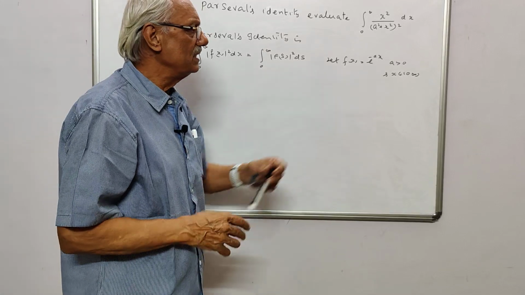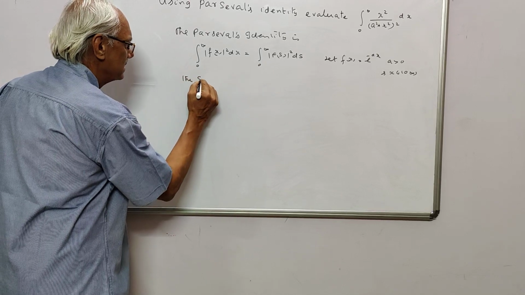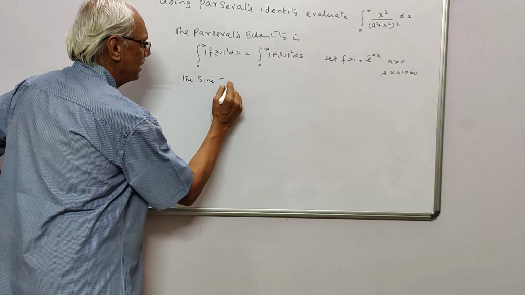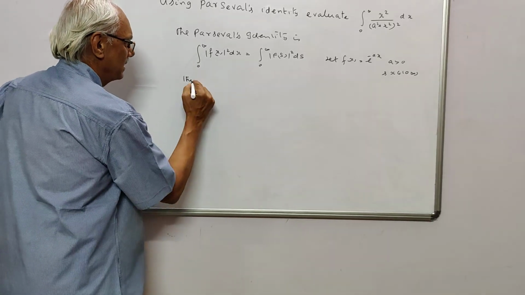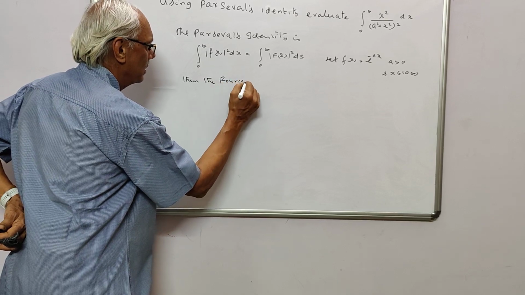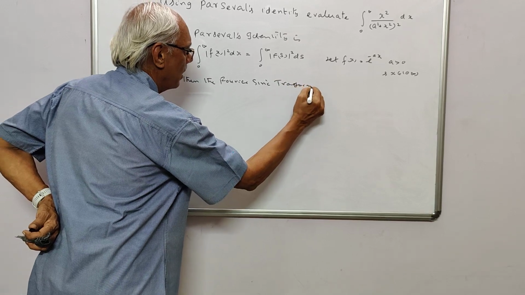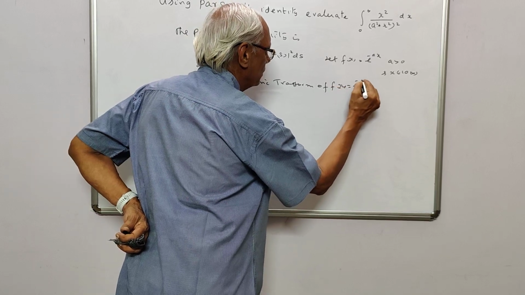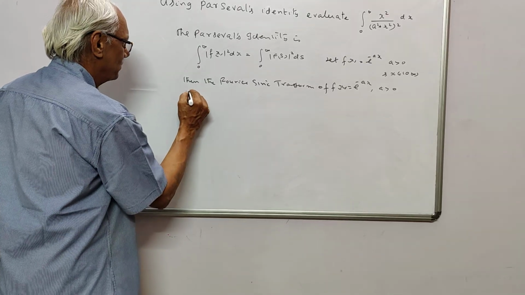Then you see that for this function, the Fourier sine transform of f of x equal to e to the power of minus ax, what is that sine transform now?